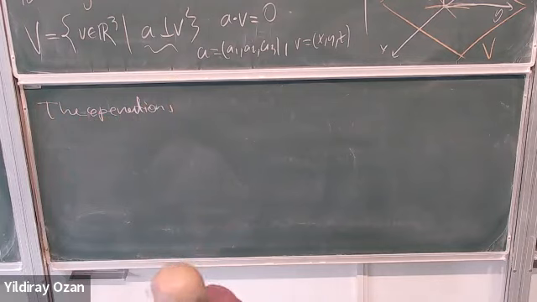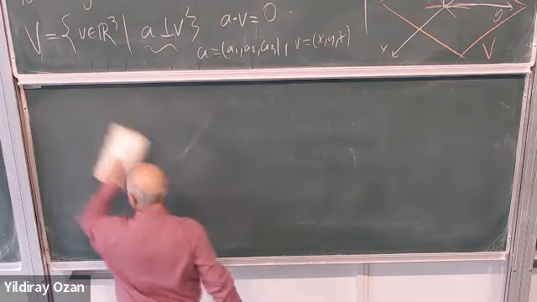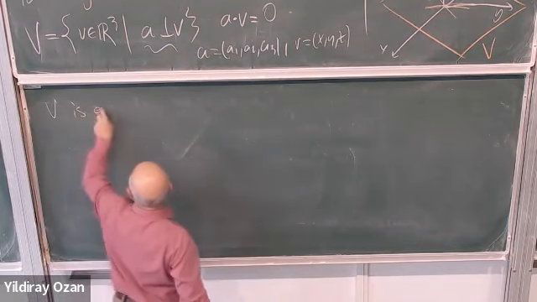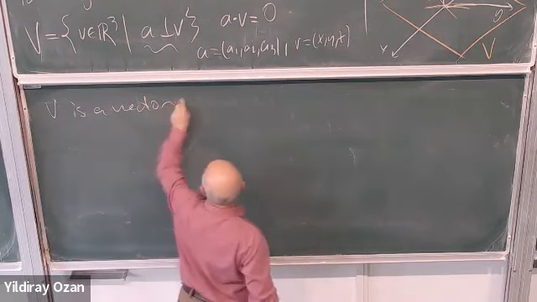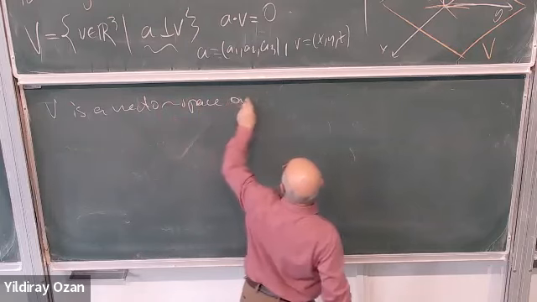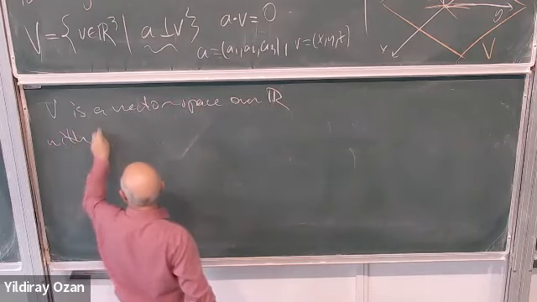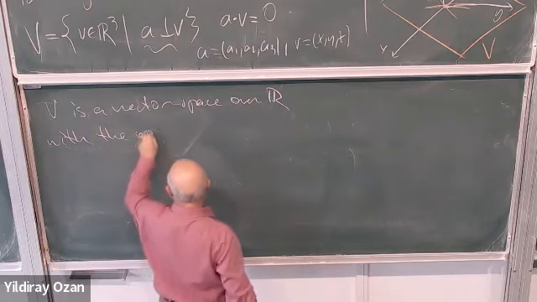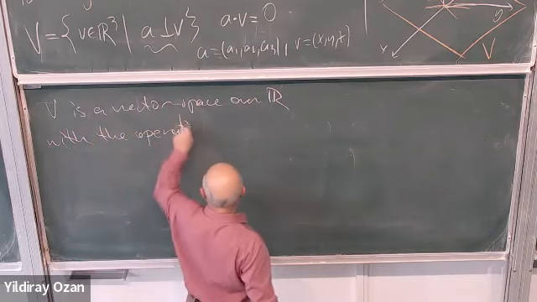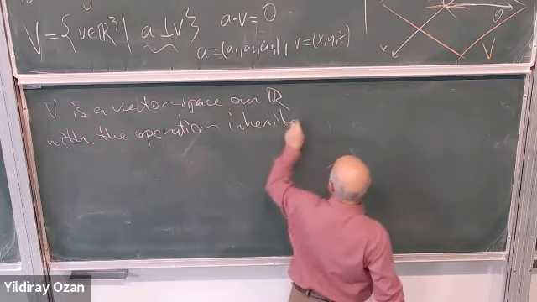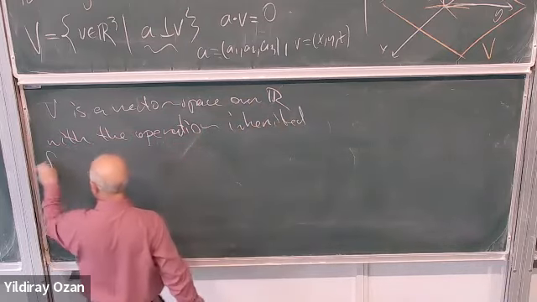Şey yazmadım zaten, claim'i yazmadım. V is a vector space over R with the operations inherited from R3.